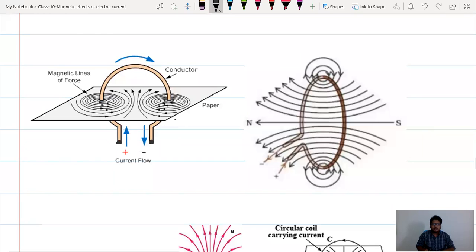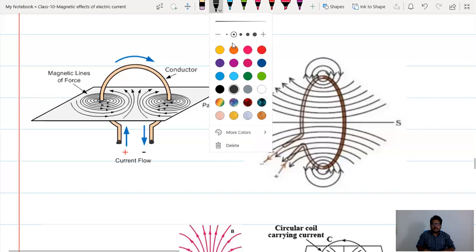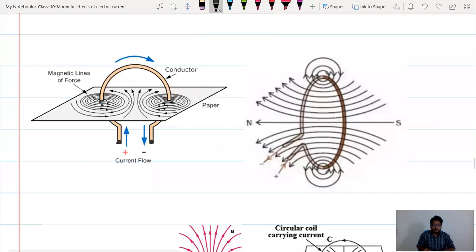Now this is circle. Whenever you find circle around the conductor, definitely there will be magnetic field. That magnetic field will be in circular path, that we know. This side also we can say there will be circular path.